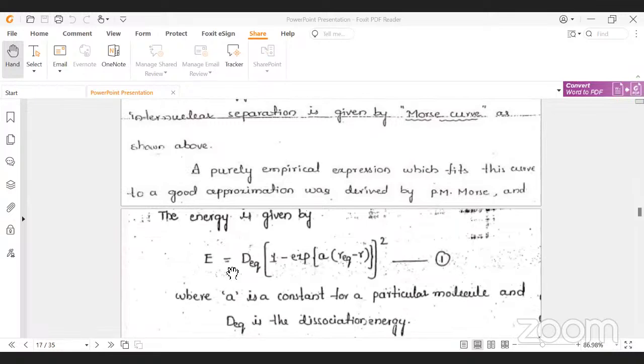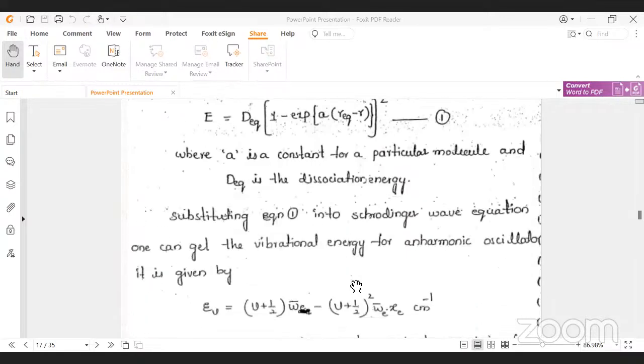The previous energy was for harmonic oscillation, and this equation is for anharmonic oscillation energy, where E is equal to D_e into (1 minus exponential of a into (r equilibrium minus r)) whole square, where a is a constant for a particular molecule and D_e is the dissociation energy.